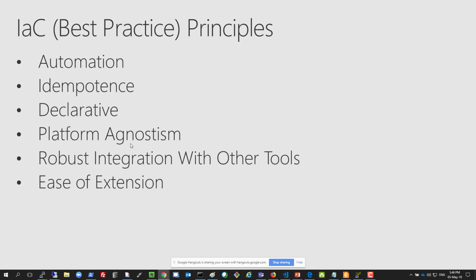Okay, so let's move on quickly. Platform agnosticism is another good principle of infrastructure as code. Some of you may already know one of the disadvantages of using Azure templates versus something like Terraform. One of the issues is, what happens if your infrastructure extends beyond Azure?